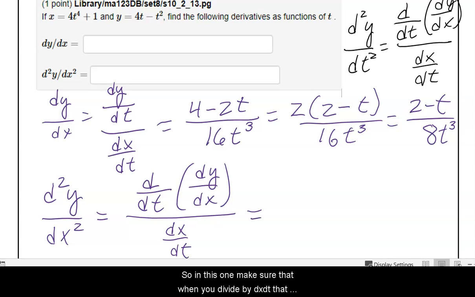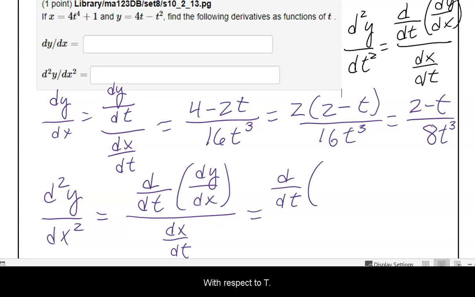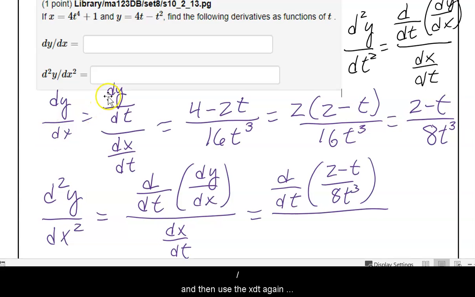So in this one, make sure that when you divide by dx/dt that you again use 16t cubed, because that is dx/dt. 8t cubed was a reduction of the entire dy/dx, but it is not the derivative of dx/dt. So I need to take the derivative with respect to t of (2 minus t) over 8t cubed, divided by, and then use dx/dt again, which was 16t cubed.